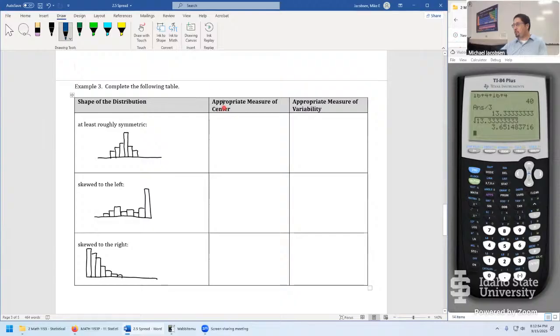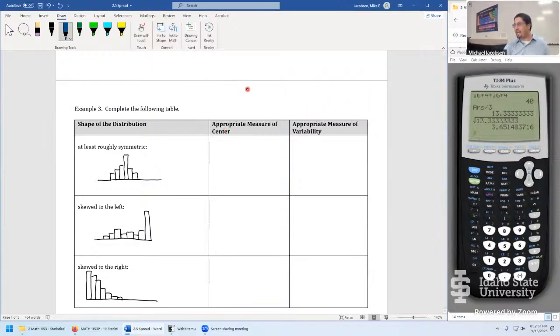Okay, so when it comes to our measures of center, let's just remind ourselves. The major ones we're going to be using are things like y bar, the sample mean, M, the sample's median, and then when it comes to measures of variability or spread, we'll be dealing with things like S, sample standard deviation, or interquartile range.